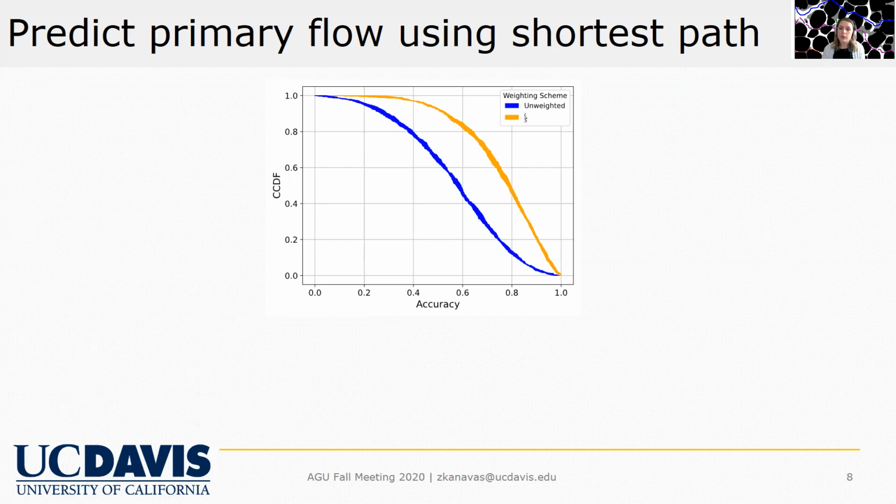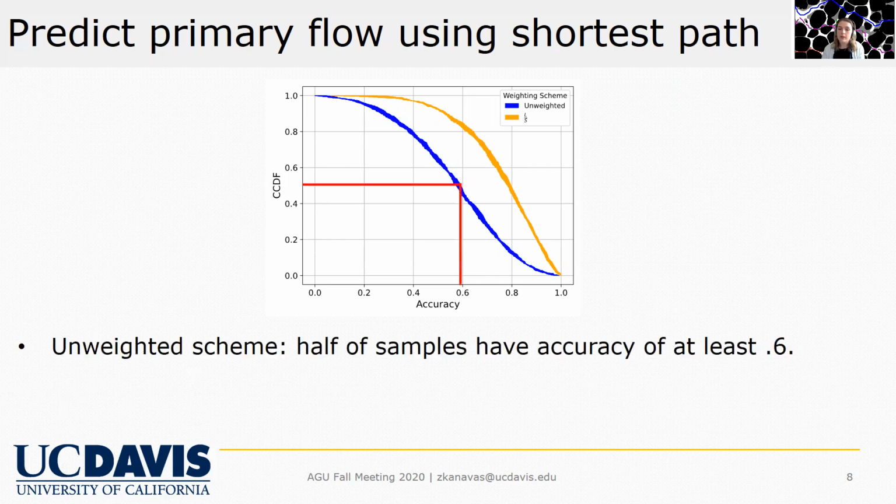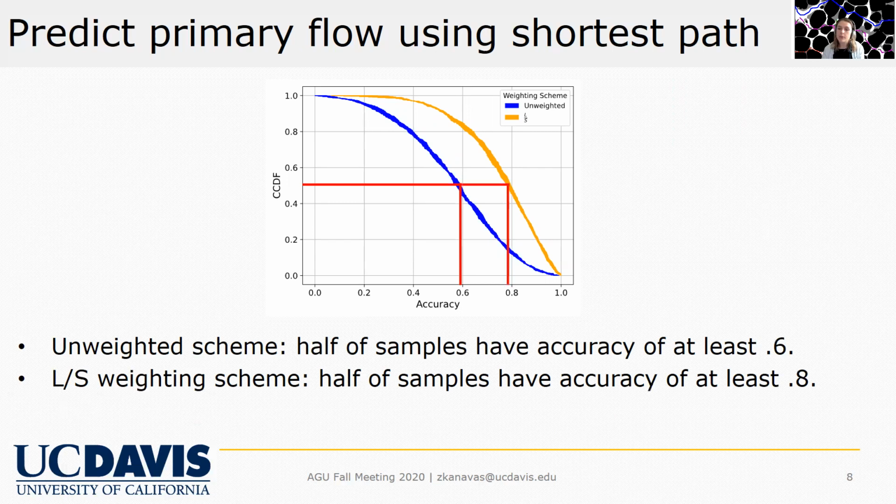For example, using the unweighted scheme, half of the samples would have an accuracy of at least 0.6. Comparatively, using the L over S weighting scheme, half of the samples would have an accuracy of at least 0.8.